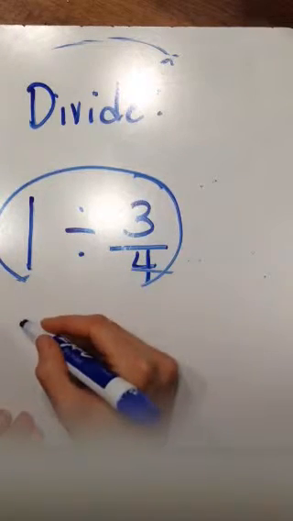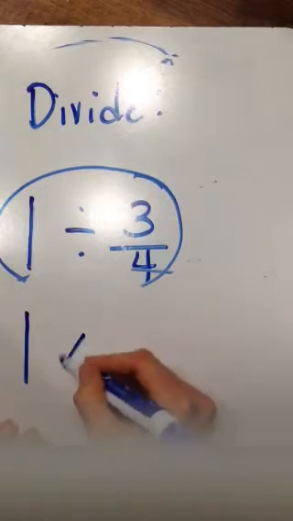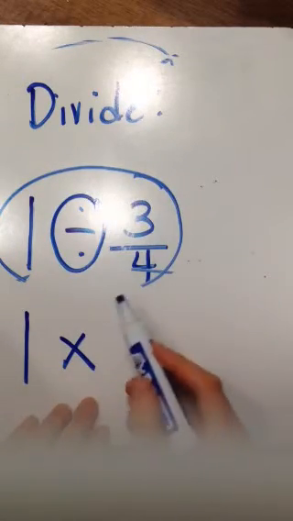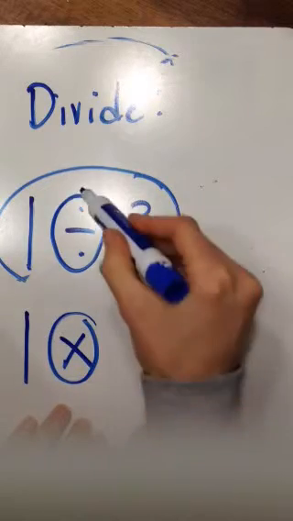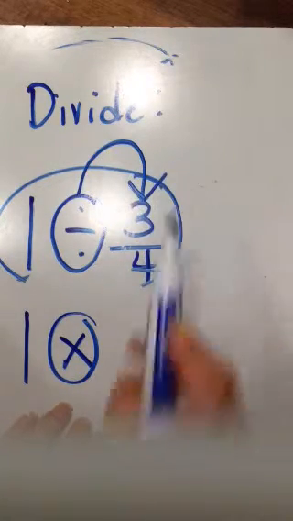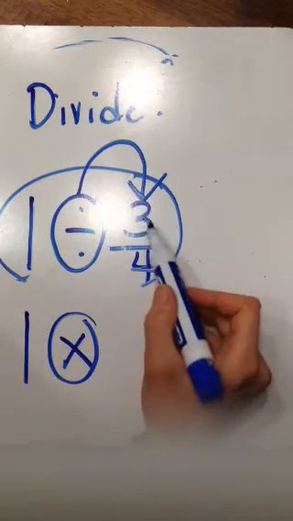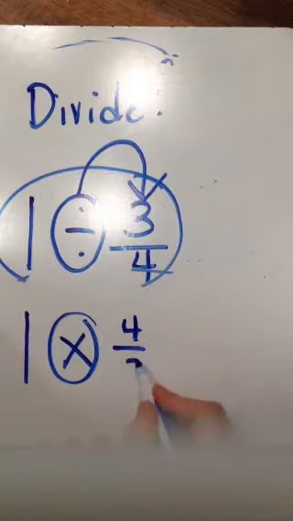So this is what this is going to look like: 1 times, and remember, when you change this division to multiplication, the number or the fraction to the right changes into its reciprocal. So 3/4 would become 4/3. Did you see what I did?